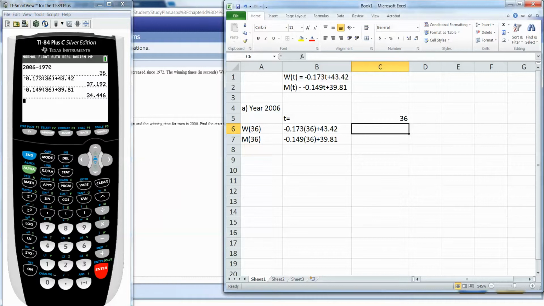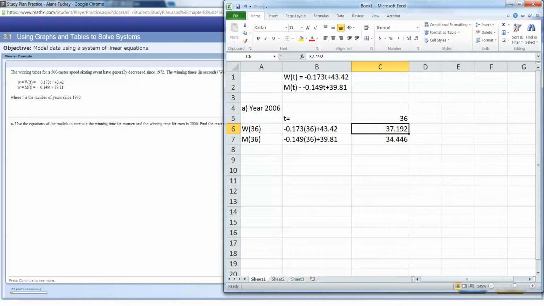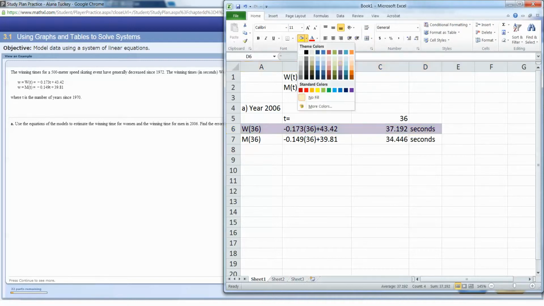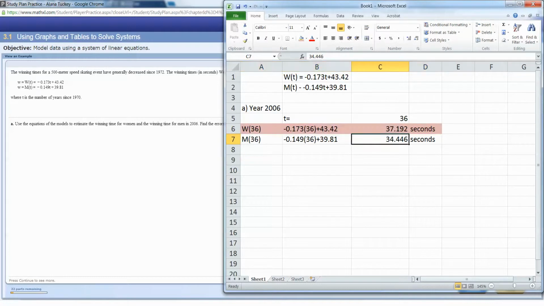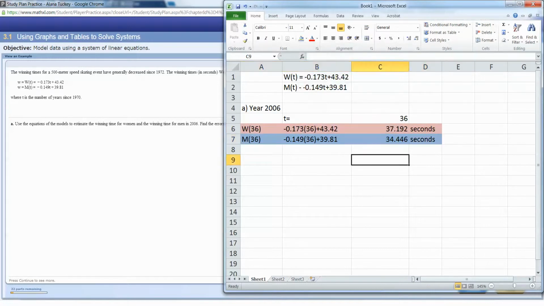And so there's the man's time. So we have 37.192 here and 34.446 here. And these are, of course, running times in seconds. So I better give it units. So this is seconds and this is seconds. And I'll even color code it for you. So this pink one is the ladies and this blue one is the men.